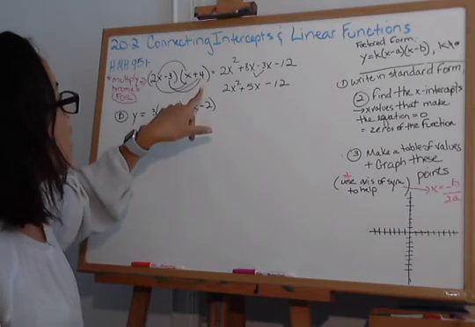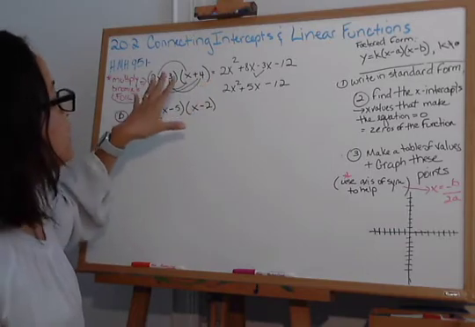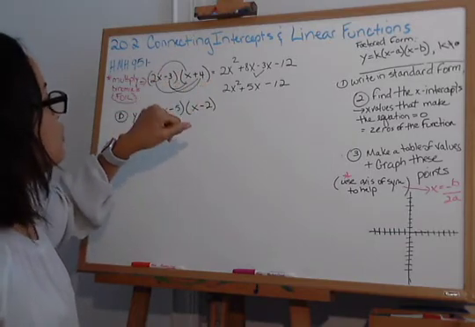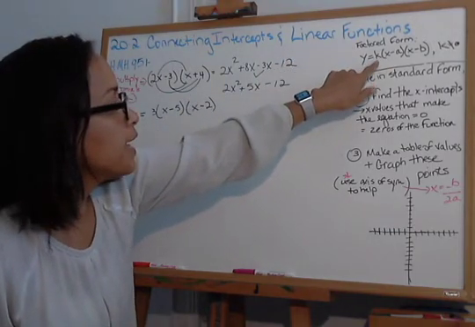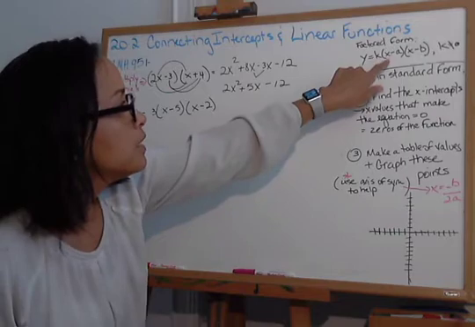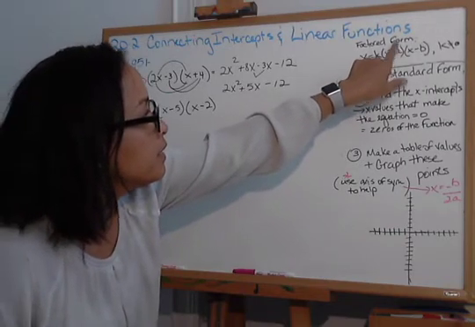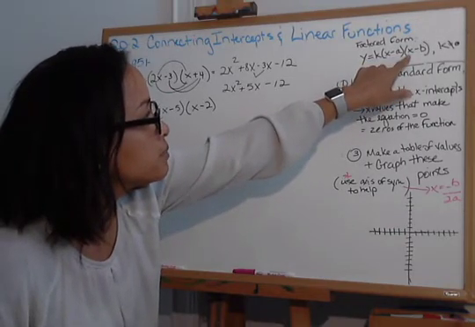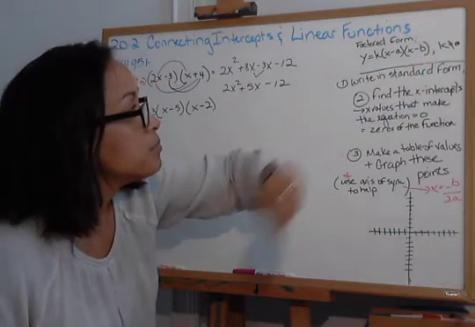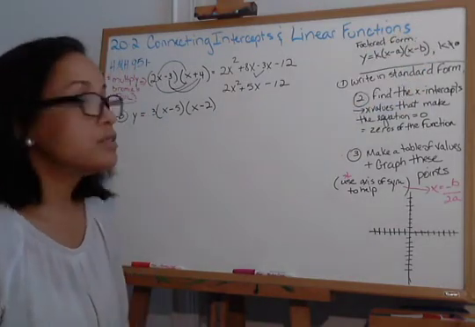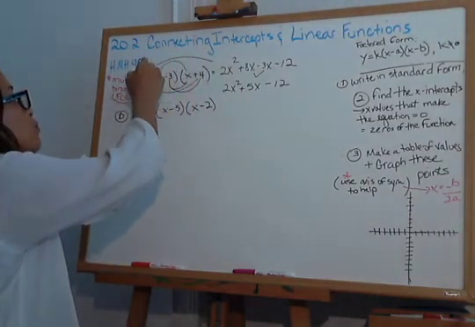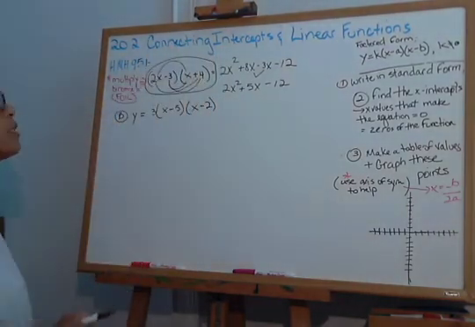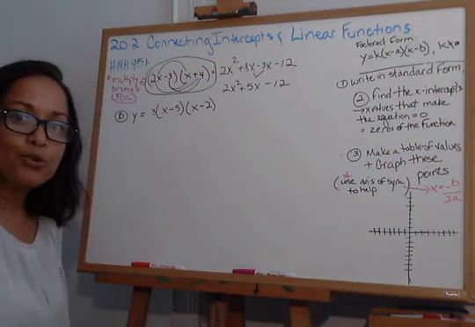That is why when you write a function in factored form, it looks like this. K is just a constant times x minus a in parentheses times x minus b, and k cannot be 0, otherwise everything is 0. So this is considered factored form. I just wanted to explain to you real quick why that's considered factored form.